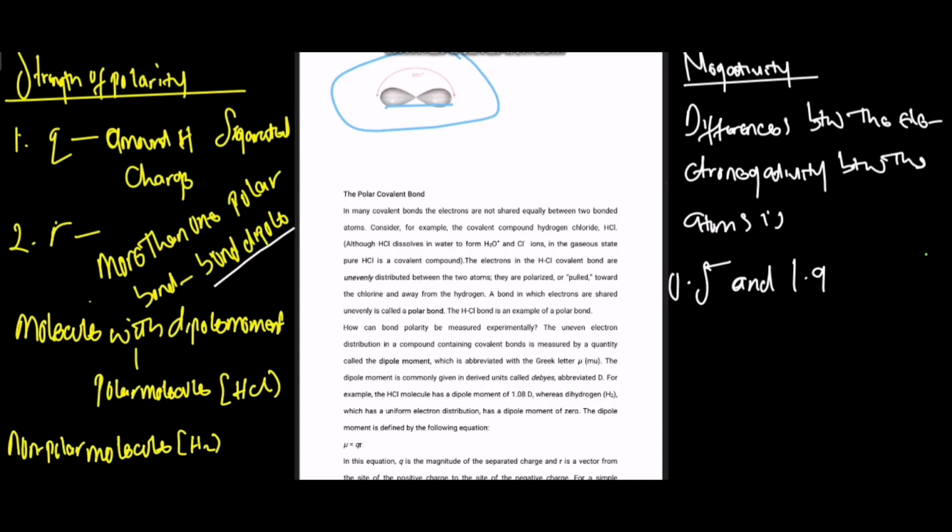So in essence, in summary, a polar covalent bond is when two atoms are shared unequally. Please take note of it. That is the summary of everything.